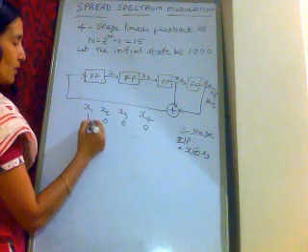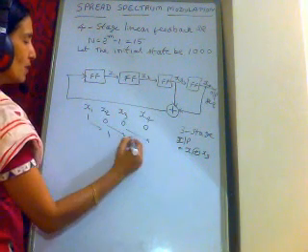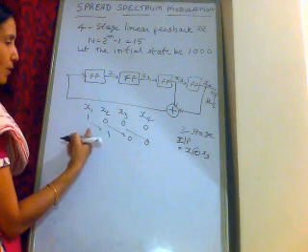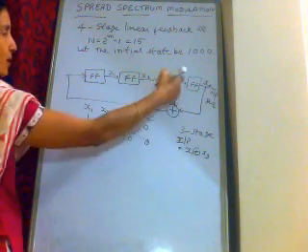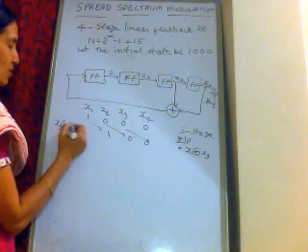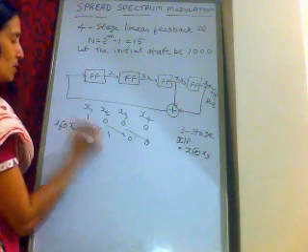So first, this will be moving here, this moves here, this moves here. So this is 1 0 0, and whatever we are going to get here will be x3 XOR x4. So 0 XOR 0 will be 0.